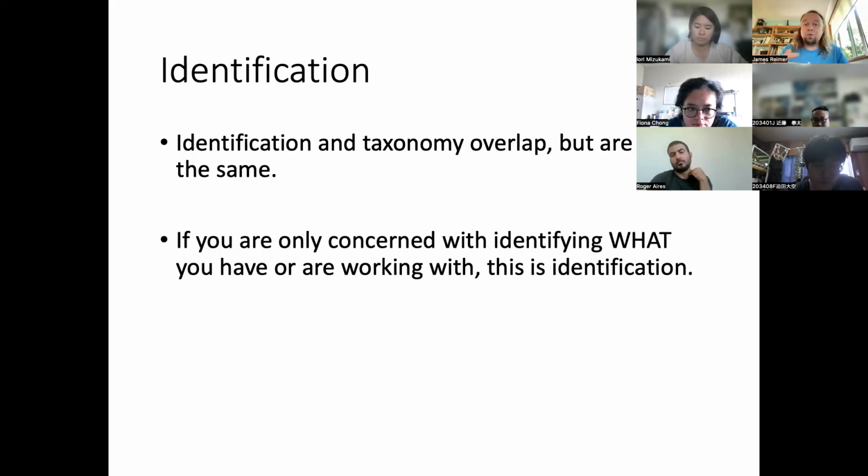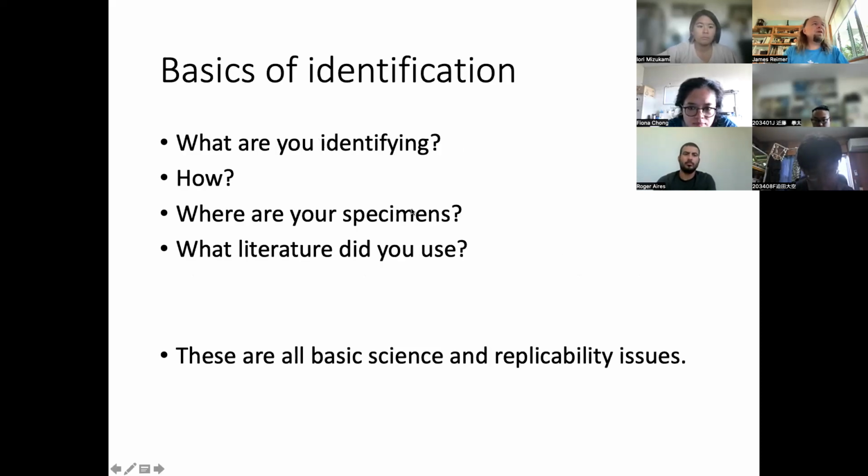When you read papers from people who don't know about specimen-based science, it's really obvious. So I want to talk a little bit about this here. If you're only concerned with identifying what you have or what you're working with, this is identification, right? So the basics of identification are simple. What are you identifying? What animals are you looking at? How are you identifying it? Where are your specimens? What literature did you use?